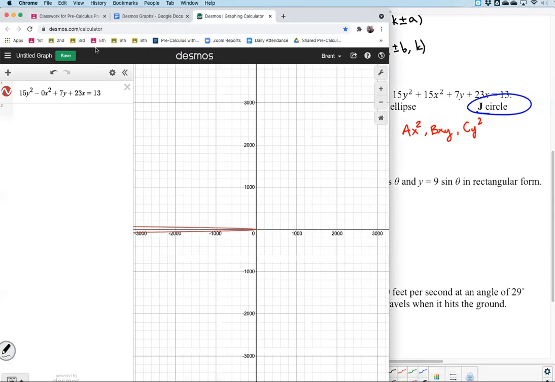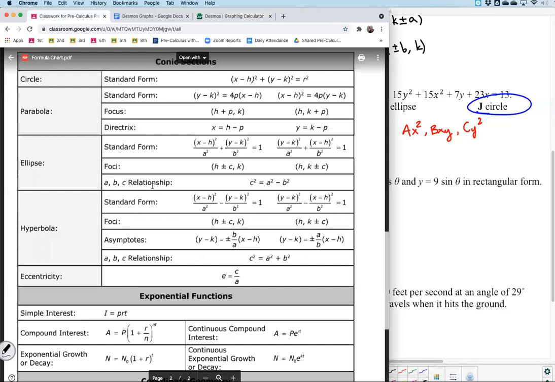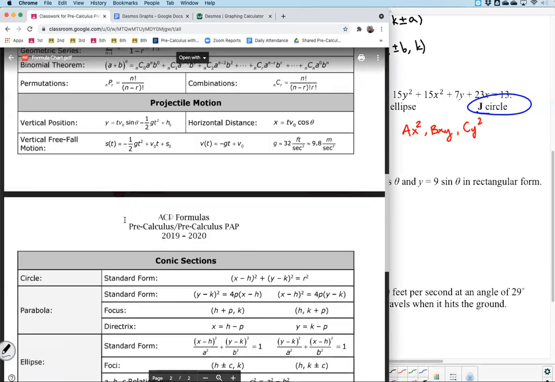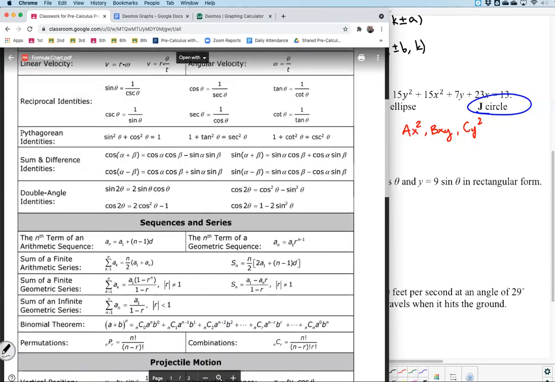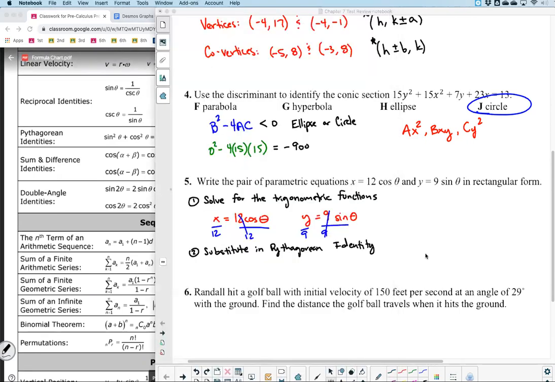Okay, so if I pull up my formula chart, my Pythagorean identity, and I'm going to use the one that has sine and cosine. There it is, Pythagorean identities. It's sine squared plus cosine squared equals 1. And so cosine we know is x over 12.